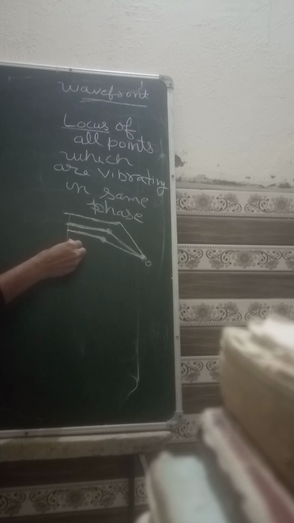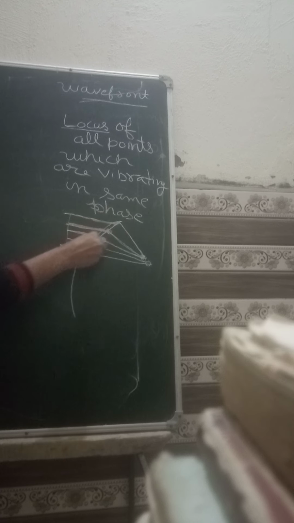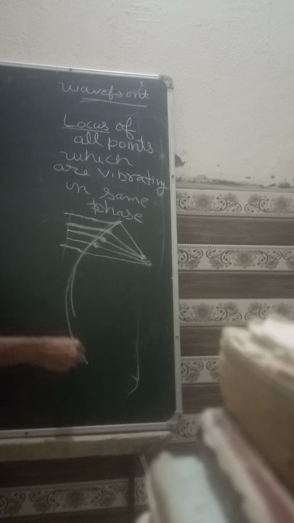Slowly and slowly, if we keep decreasing, we get this one point. Over here, suppose it bends from here. So when we meet all these points, we get a parabola over here.